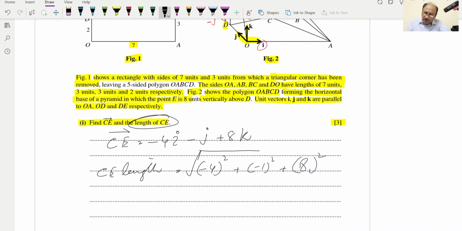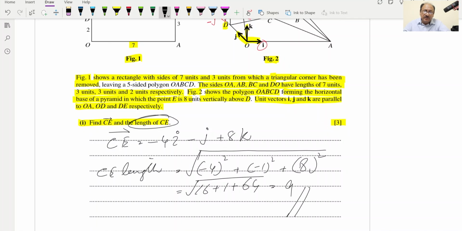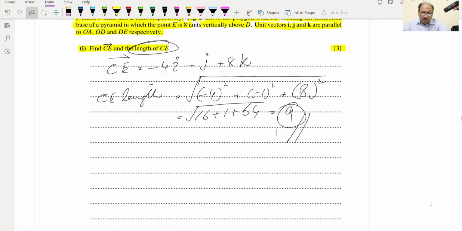This will be equal to the square root of 16 plus 1 plus 64, which is equal to 9. So the length will be 9. This will be our final answer for this part.